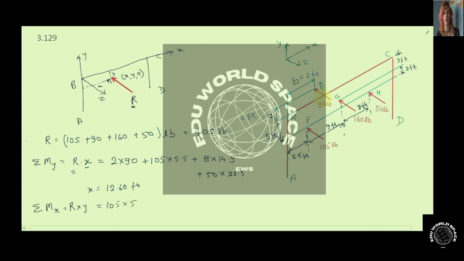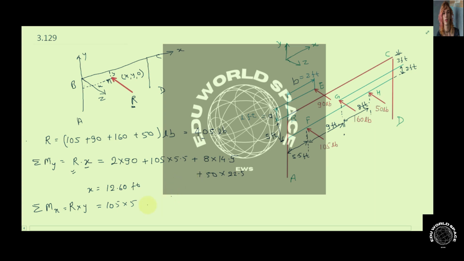This 90 pound force, since I'm considering here the depth direction to be positive, so I have written here plus y. Since this 90 pound force is acting above the line BC, and the rest are all acting downside, all of them will cause the same sign of moment, but this 90 pound is going to cause the opposite sign of moment.